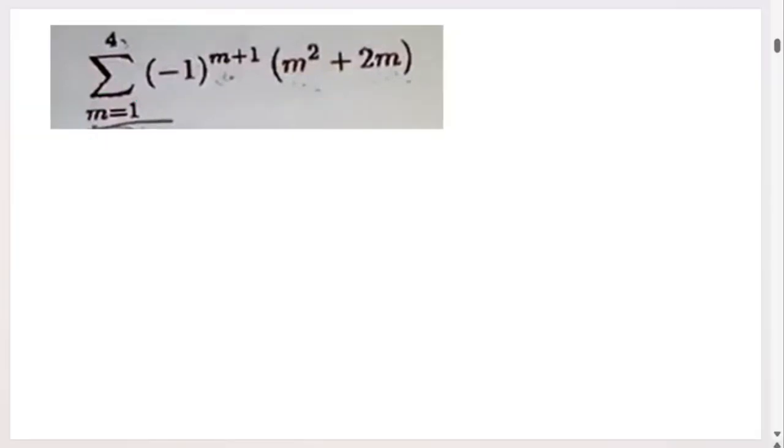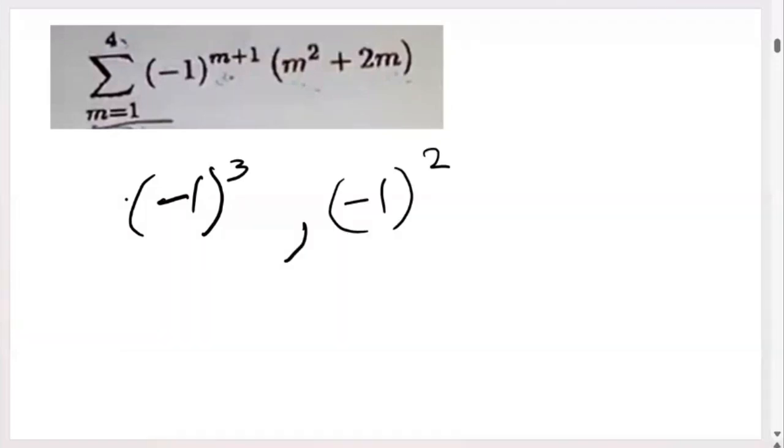I wanted to highlight something so that when you are doing these things, you must be aware of them. I'm not going to redo the question, but what I wanted to highlight was minus 1 to the power 3 and minus 1 to the power 2, and then you'll come across minus 1 to the power 5.